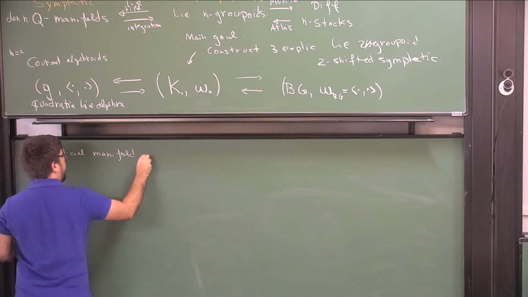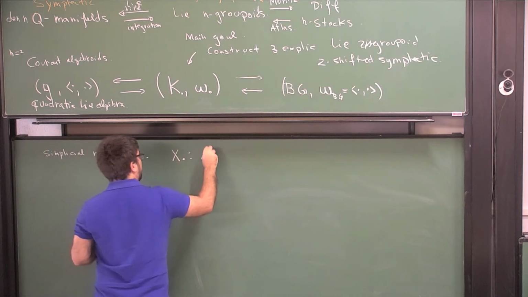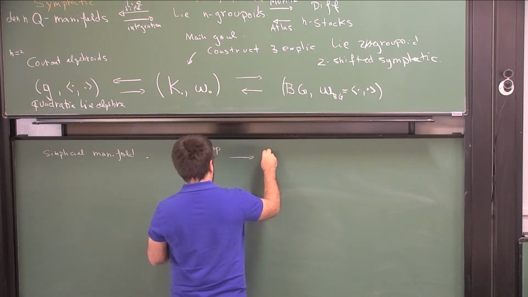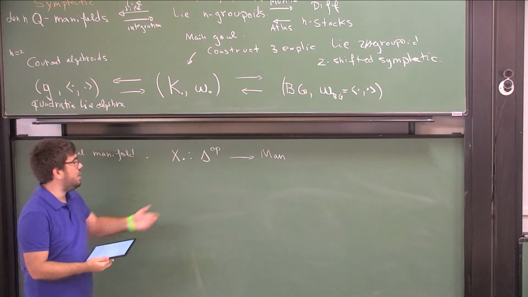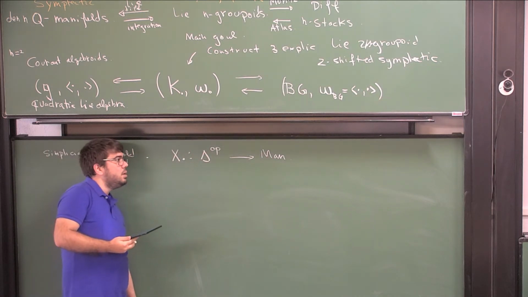So what is a simplicial manifold? A simplicial manifold is just a functor from the category of finite ordinals to the category of manifolds, and this category has ordinal-preserving maps as morphisms.